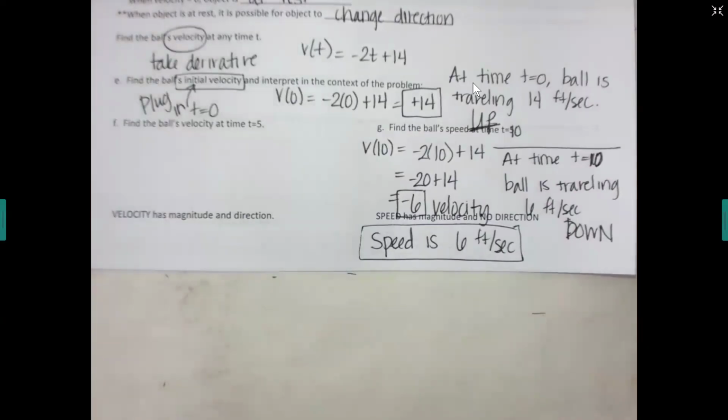Okay, so at 10 seconds, the ball is traveling down at a speed of 6 feet per second. So remember, velocity can be plus or minus, but speed, you disregard the plus or minus and just keep the number. Okay, are we doing okay so far? Turn the page.